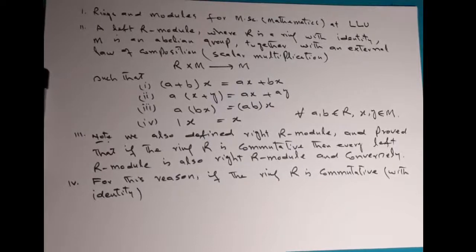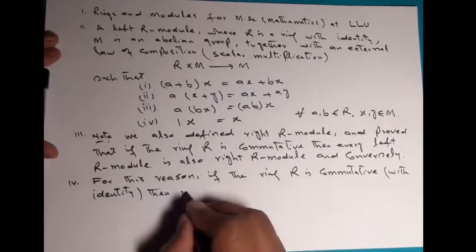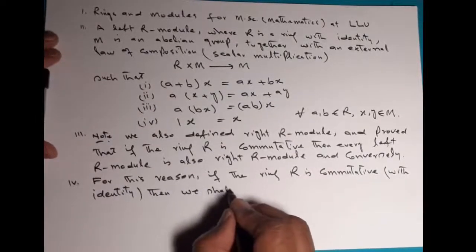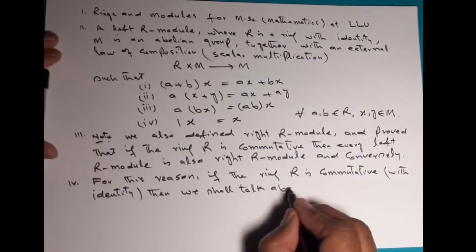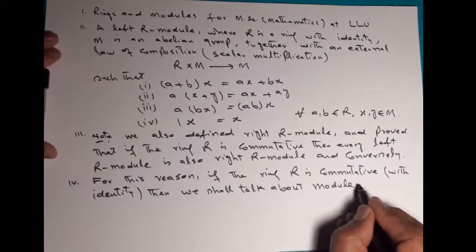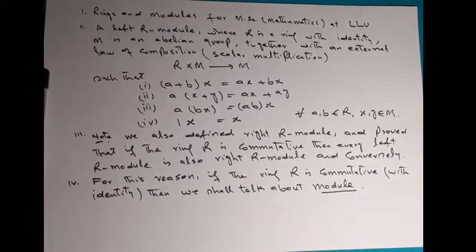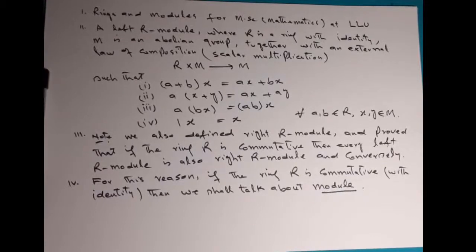So if the ring R is commutative with identity, then we shall talk about modules only. We don't say left module or right module.